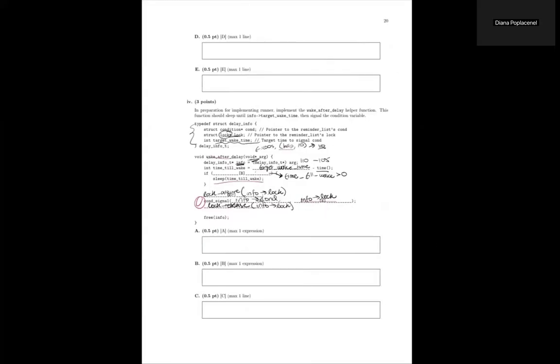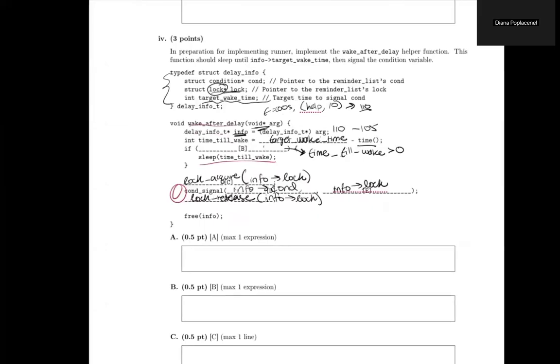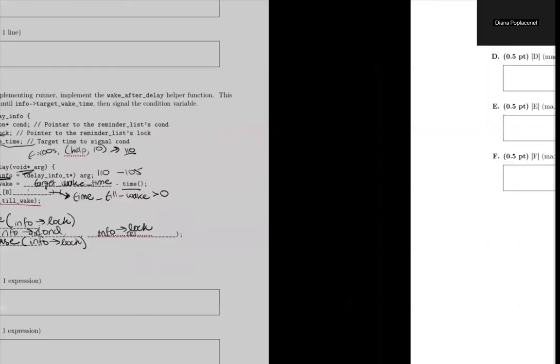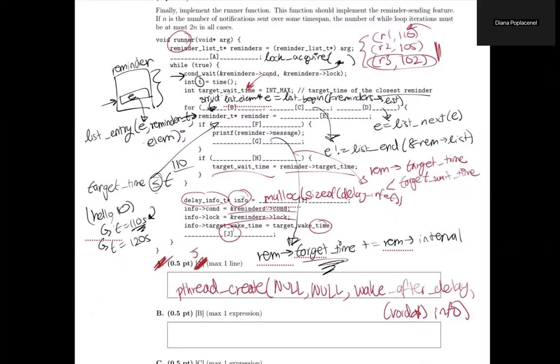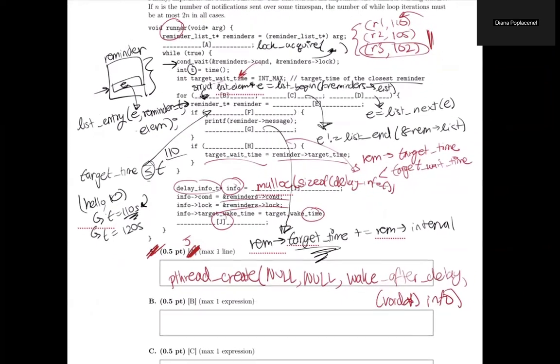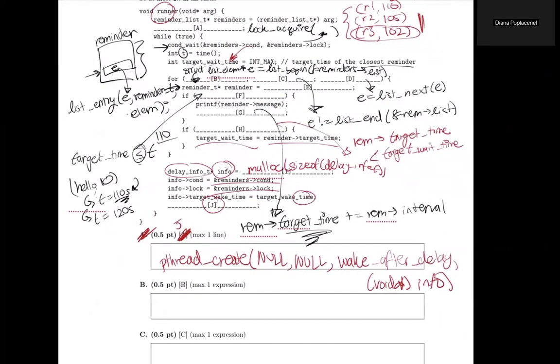And so wake after delay is going to signal this condition variable that is being waited on here. So once our program is ready to print out a message, cond wait is going to be signaled from wake after delay. Runner is going to wake up and then do the rest of the logic.